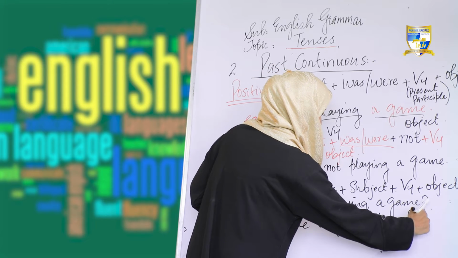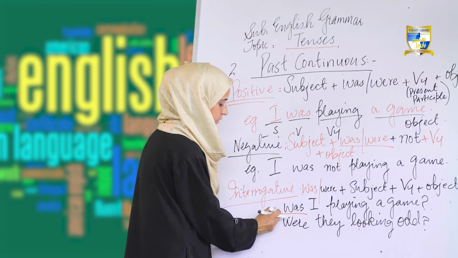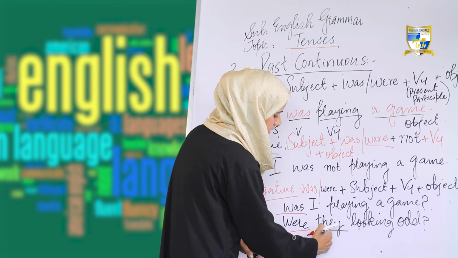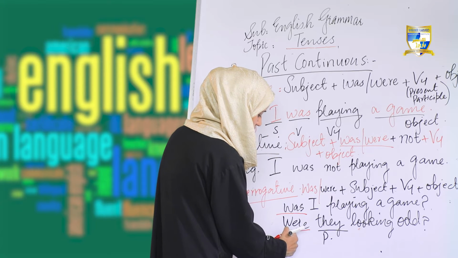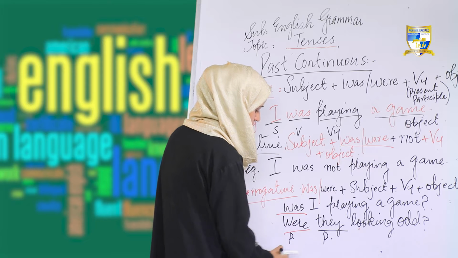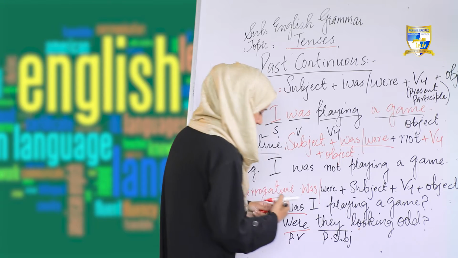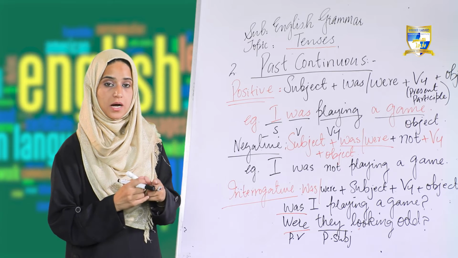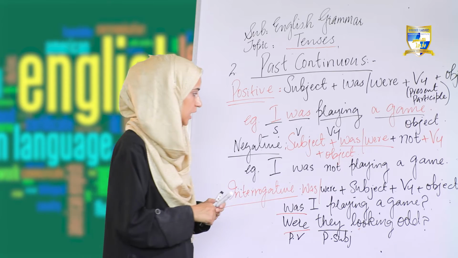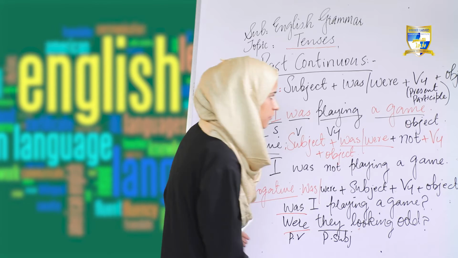Okay, so here I have used were because the subject is plural. So the verb is also supposed to be in plural form. Plural verb, plural subject. So this is how your past continuous tenses go, and this is how the structure is formed.